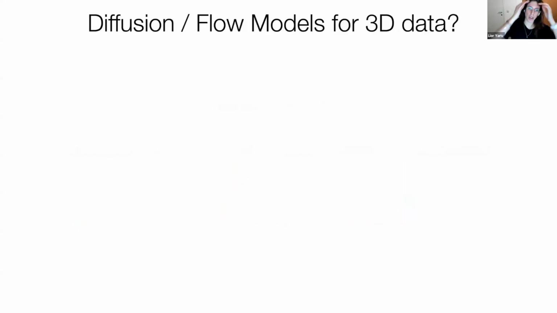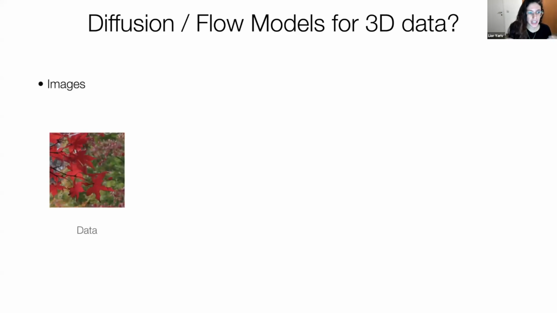But now comes the question: everything is nice and all, and we know how to apply diffusion and flow models for images, but how can we apply that to 3D data? Again, if we examine the idea behind images, the main question is the data and how we represent it. In images, it's pretty straightforward.